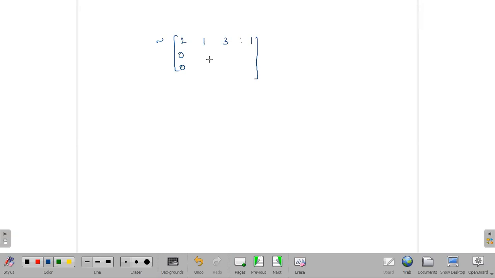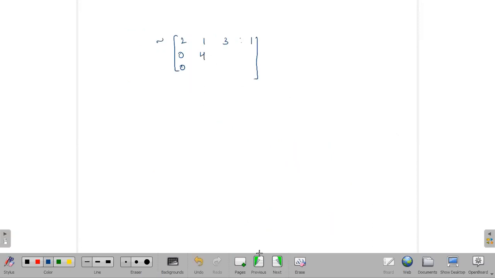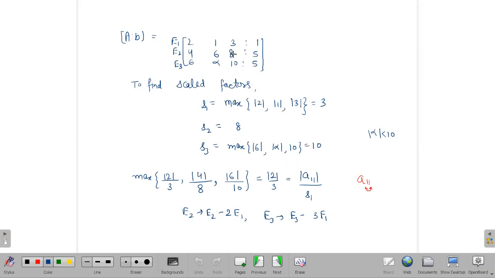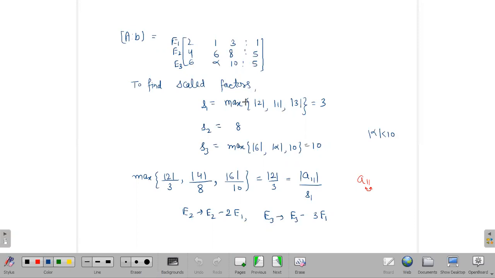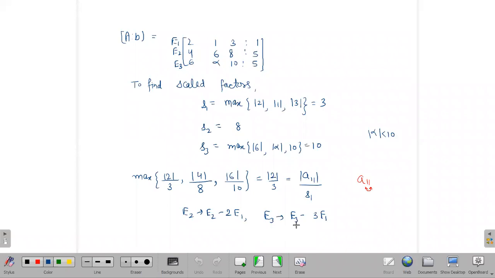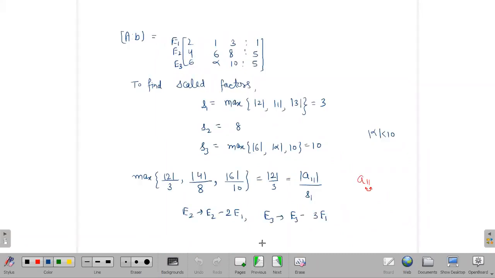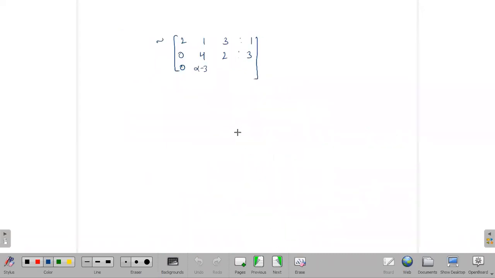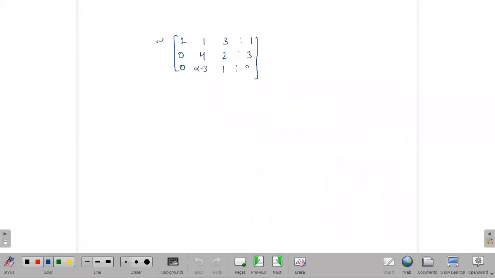Here it will be 0, 0. This will become 6 minus 2, 4. 8 minus 6, it is 2. And 5 minus 2, it is 3. And here it will be 6 minus 6, 0, alpha minus 3. 10 minus 9, 1. And 5 minus 3, it will be 2.